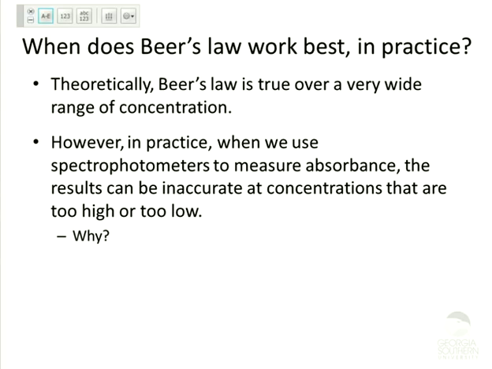So in practice, absorbance can't be too high or too low for the instruments, but the equation itself is always true. It's just when you use instruments like we've shown you to make these measurements that there are limits.